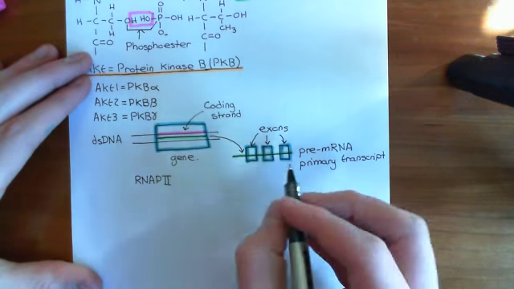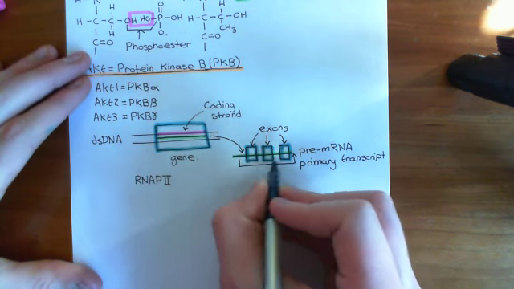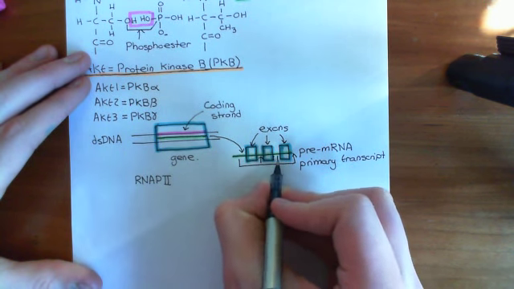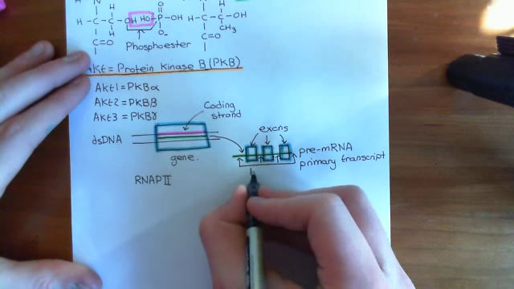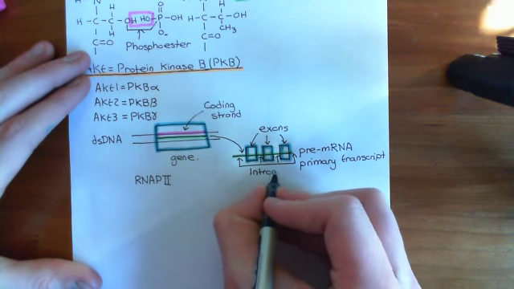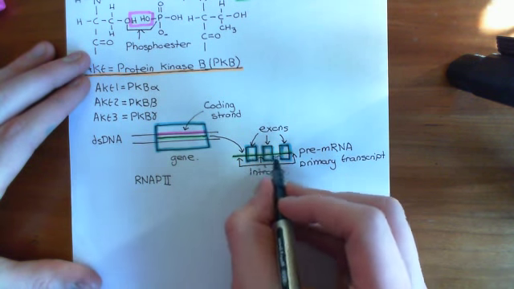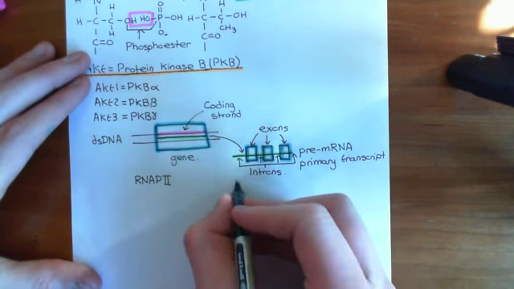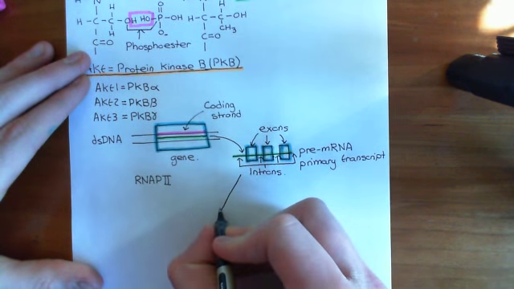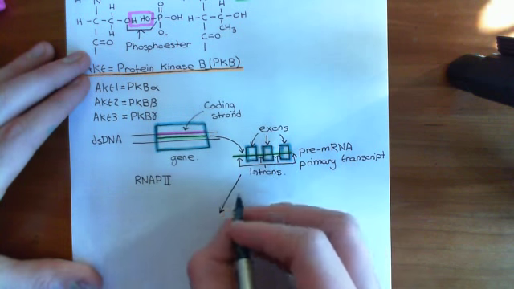Now, the portions that are in between the exons, so these 4 portions that we've got here, 1, 2, 3, 4, are called the introns. These are not actually supposed to be translated. So if we want a piece of mRNA that can be put through a ribosome and turned into a protein, what we firstly need to do is cut out the introns and then stitch the exons back together.